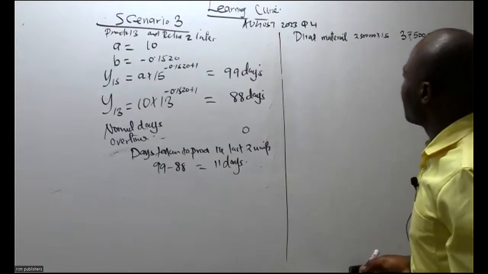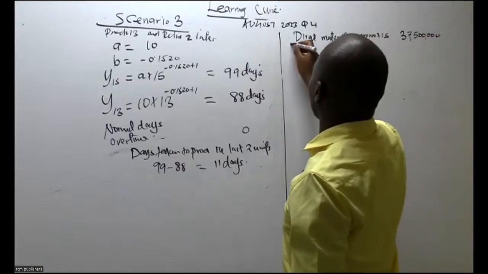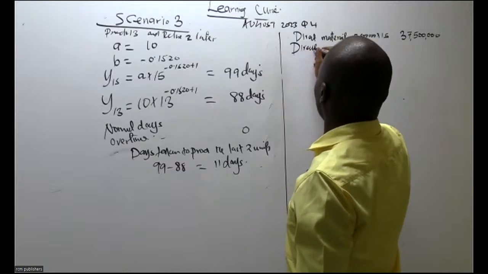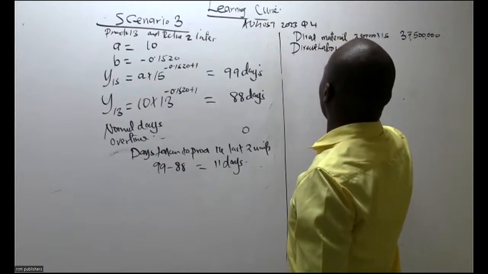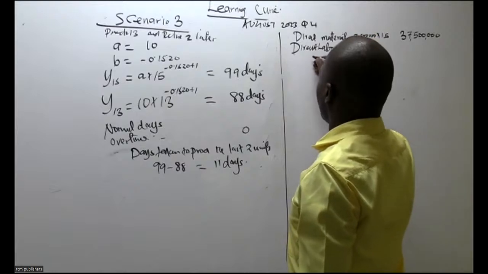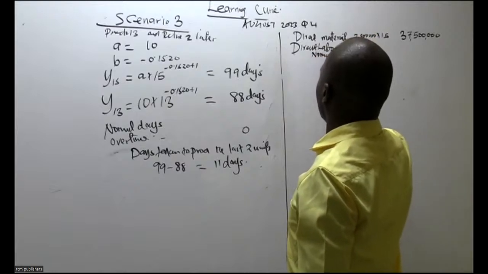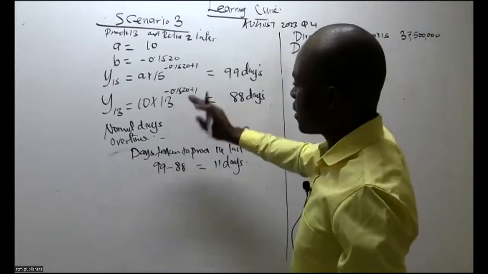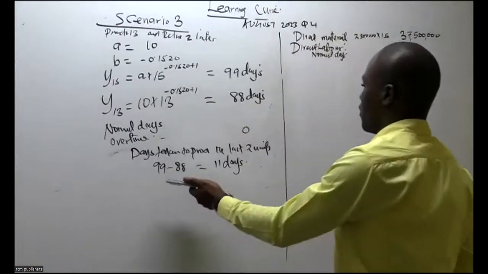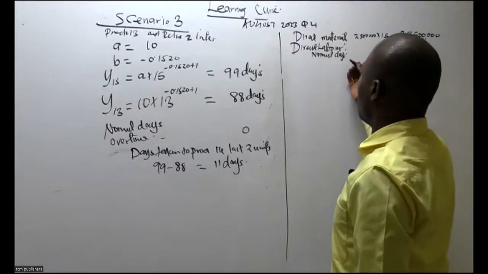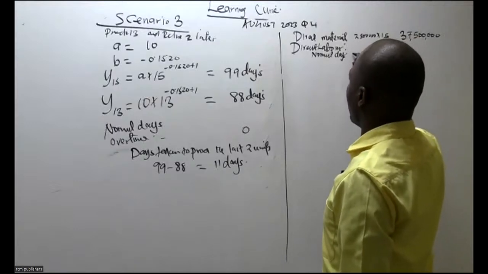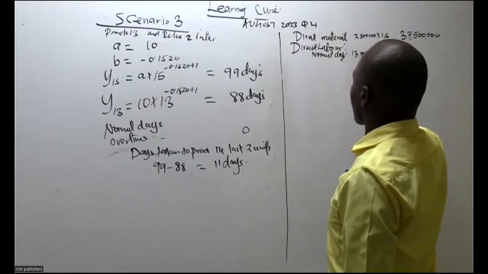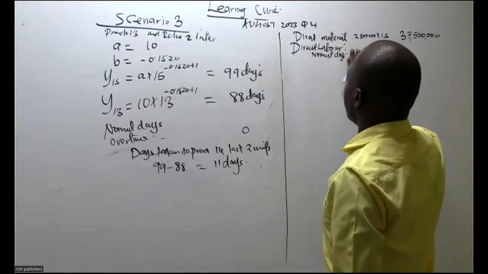Good. After direct material, let's go to direct labor. Direct labor is divided into normal days. Remember, normal days is for the first 13, and we don't have overtime anywhere. So the normal days we have for producing 13 units, not even the units is important here.